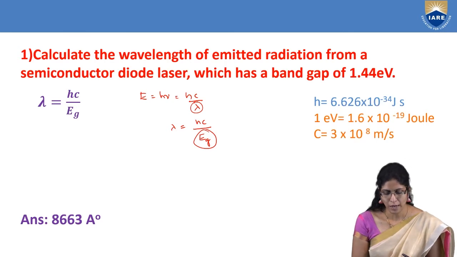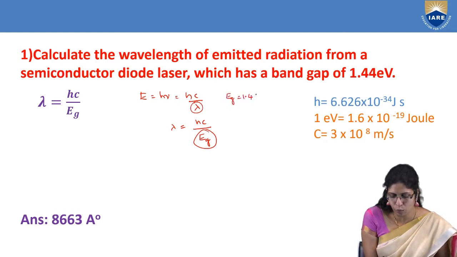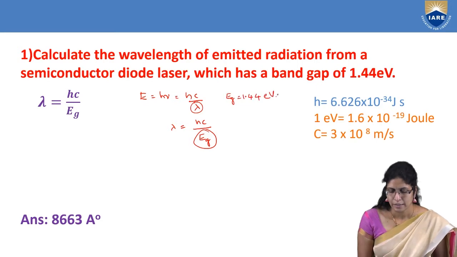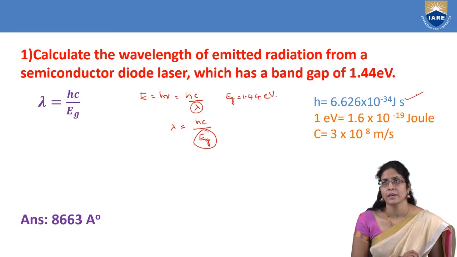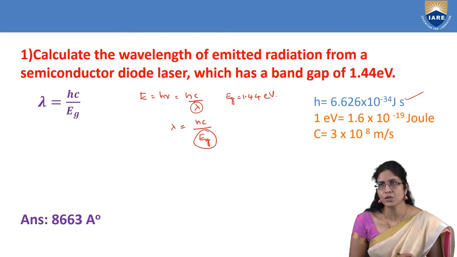But one thing you have to understand here is the energy gap. The energy gap is given as 1.44 electron volt, whereas h is in joules. We know how to convert electron volt into joules.